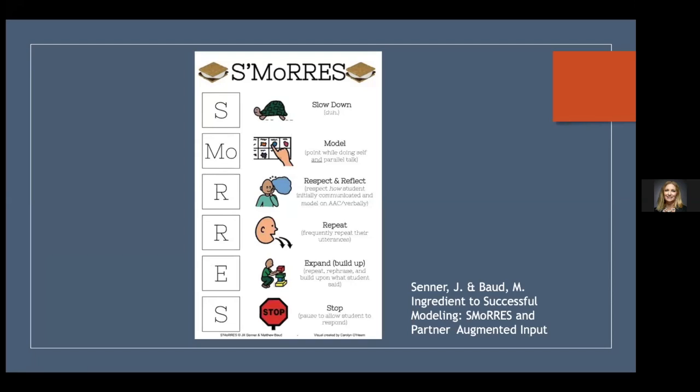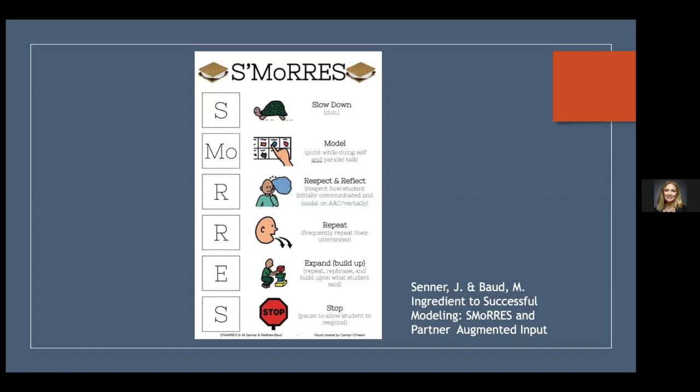Because even with us, it helped us, and I think it will really help parents to structure that modeling. So we will break it down so it's easy to remember, because it's s'mores, and now I'm hungry. It breaks down into those letters. S for slow down, MO for modeling, R is for respect and reflect, R for repeat, E for expand, and S for stop. So we're going to discuss these strategies in detail and show some videos.